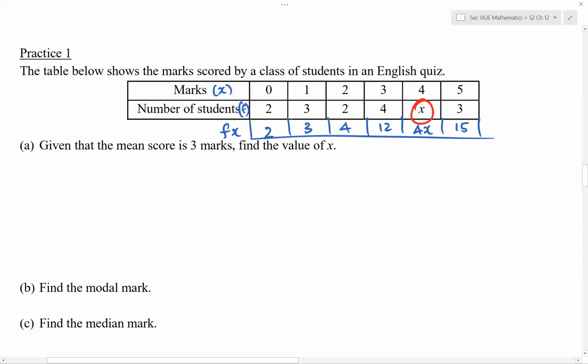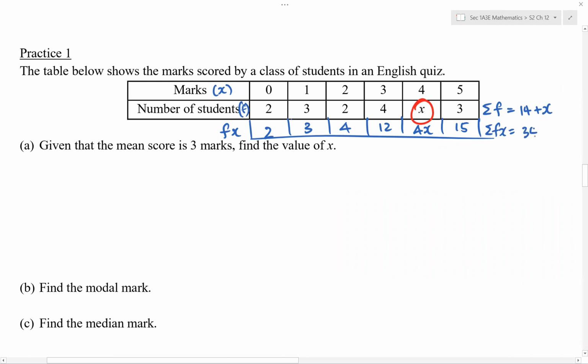So the next thing we want to write is the summation, the total number of students. So 2 plus 3 plus 2 plus 4 plus x plus 3. Total we get 14 plus x. Next one, we have summation of fx, where we want to find out the total marks for every single student. So 2 plus 3 plus 4 plus 12 plus 4x plus 15.